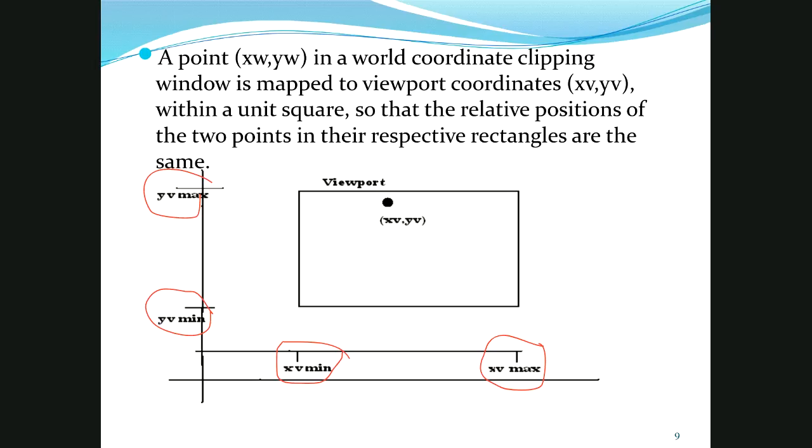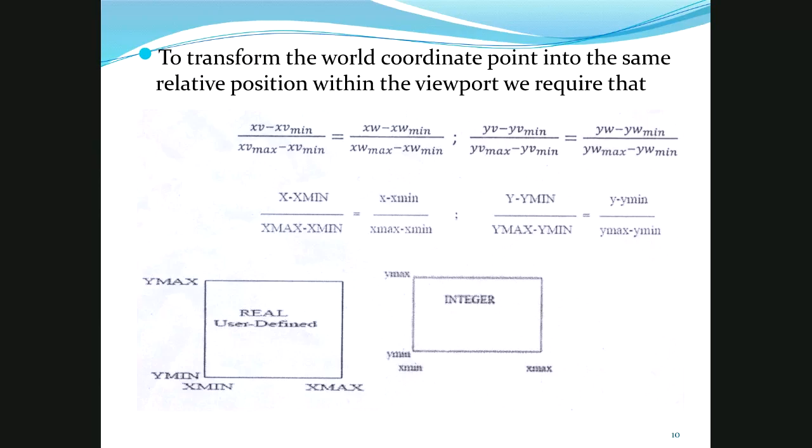This is step 3. First you scale, then you translate the window minimum position to the viewport minimum and maximum positions. Then, transform the world coordinate point into the same position within the viewport. We already did this, so no need, just read this point.